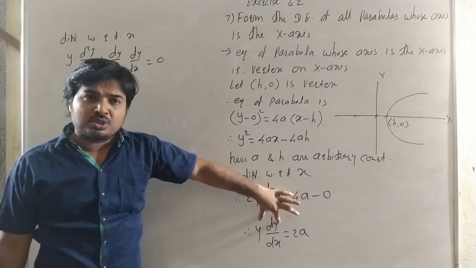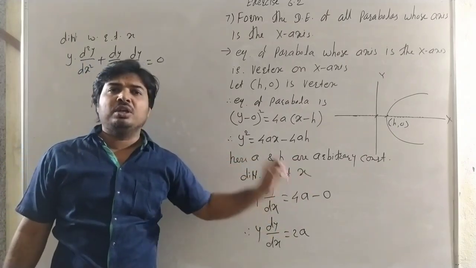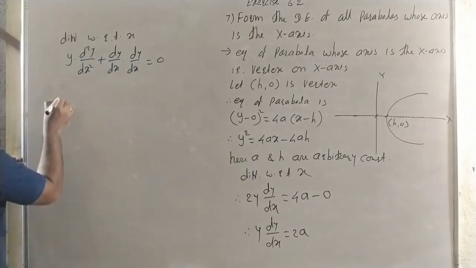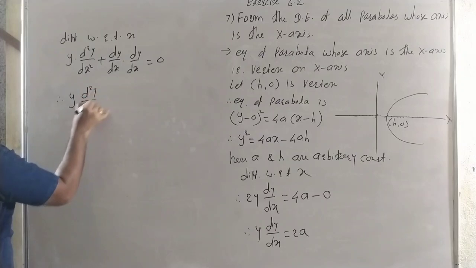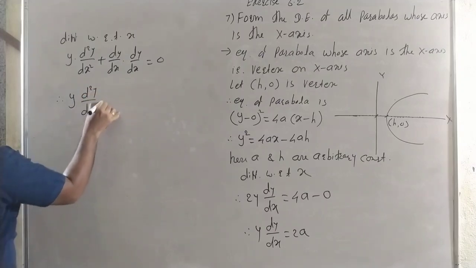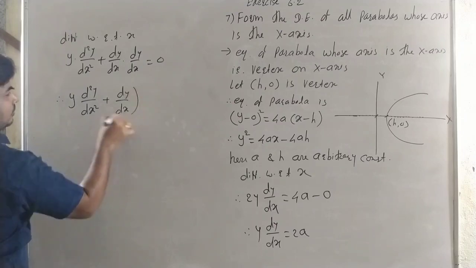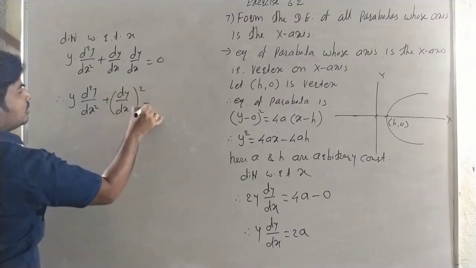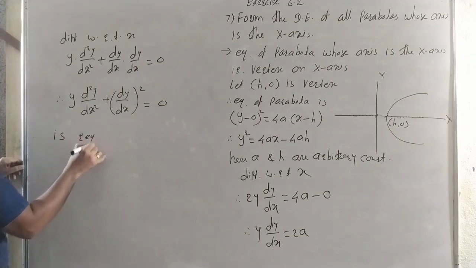First as it is, derivative of the second, plus second as it is, derivative of the first, and the derivative of 2a is 0. Then the last answer is y d²y/dx² plus (dy/dx) whole square is equal to 0, our required differential equation.